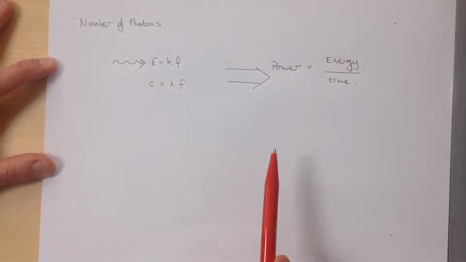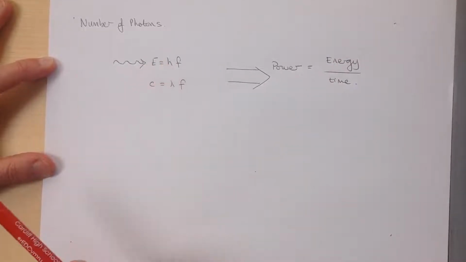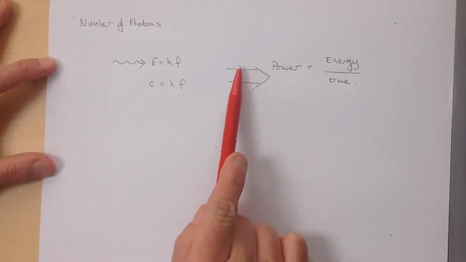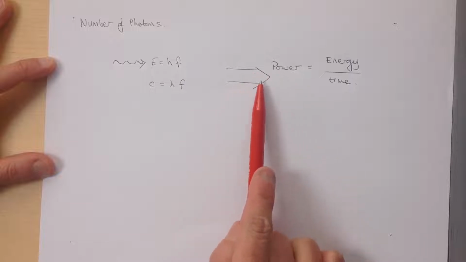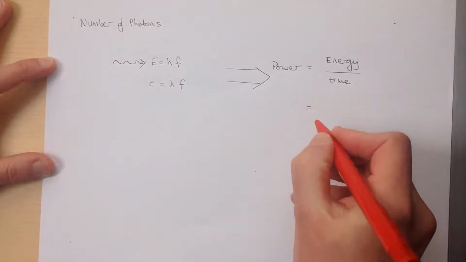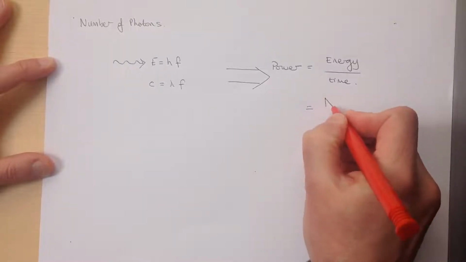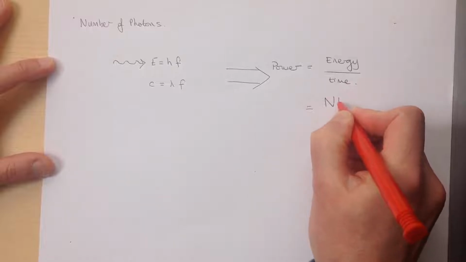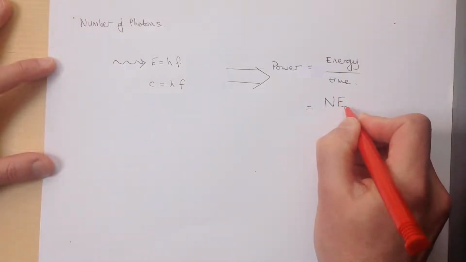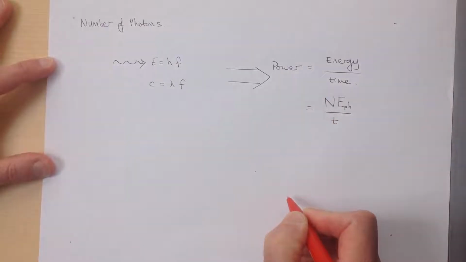And so I'm hoping you can see that there's energy here and there's the energy of one photon. So if you've got a beam of light which has got a certain power, then we can get to the number of photons, using n, and then the energy of one photon divided by the time.